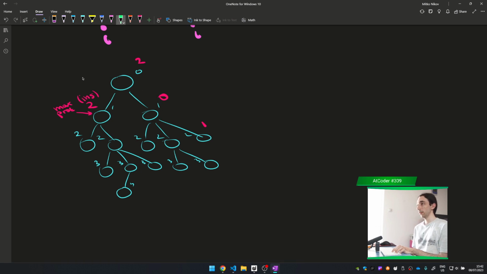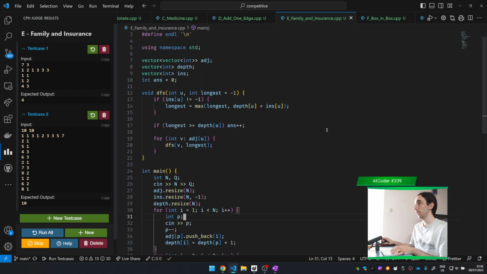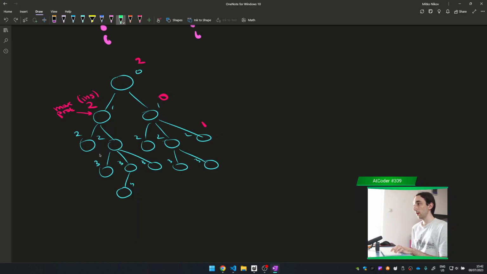And now what I'm doing is I'm just pushing DFS from here, and I'm going down the tree, of course, as DFS does, but each time I visit a node, I remember and increase this longest value, and this longest thing is just saying to what depth in my subtree I am protecting.